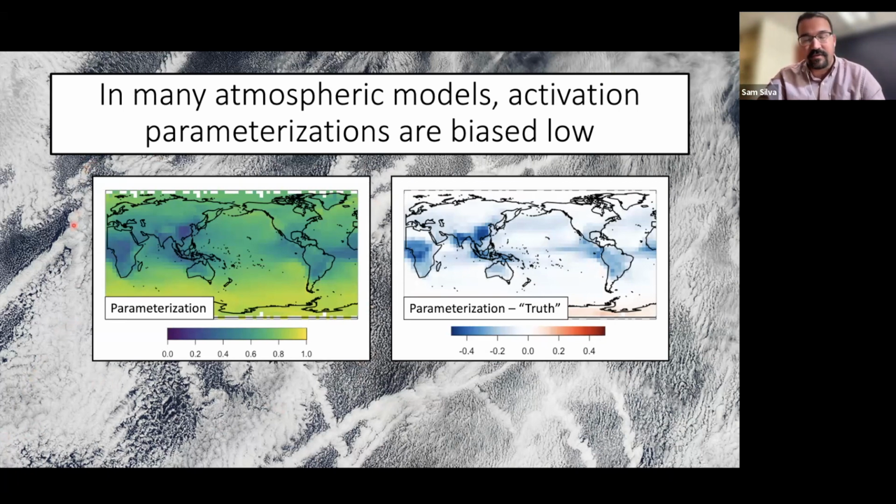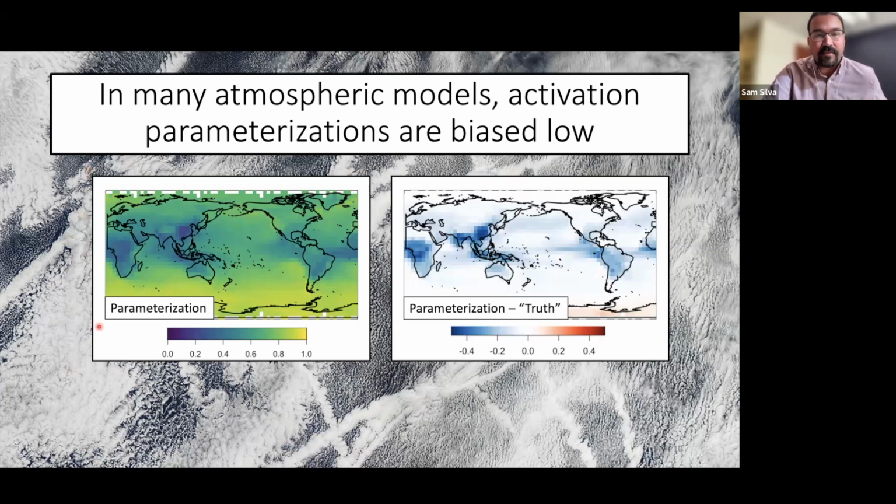The parameterization they're using for aerosol activation, for those of you who are super into this stuff, is the Abdul-Razzak and Ghan ARG scheme. This is a very widely used parameterization, and it predicts the fraction of aerosol in a given location that are activated and are then able to form cloud droplets and participate in aerosol cloud interactions in some interesting ways. So this is a value that ranges from 0 to 1.